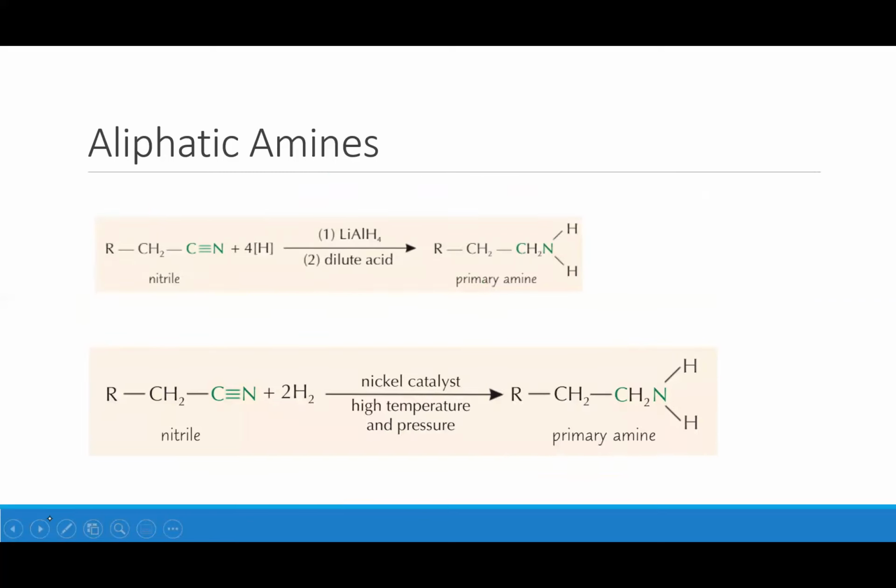The other way we can make them is reducing a nitrile. So you can reduce a nitrile to a primary amine by a number of different methods. This is the first method that we're going to look at.